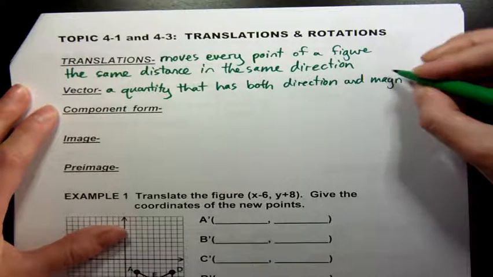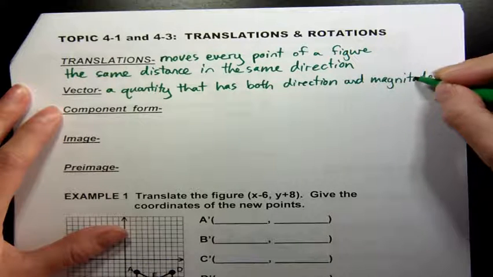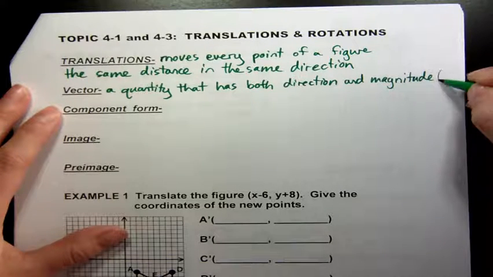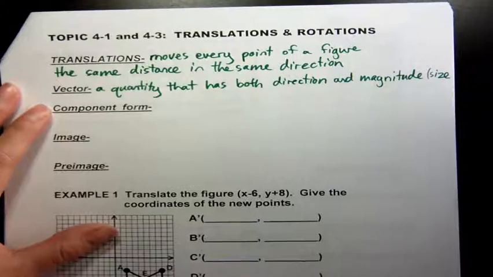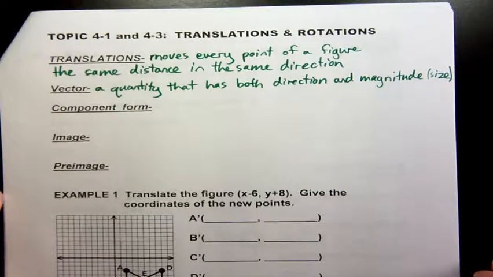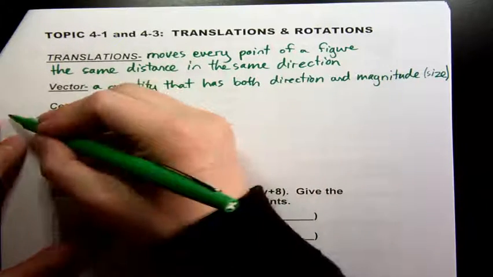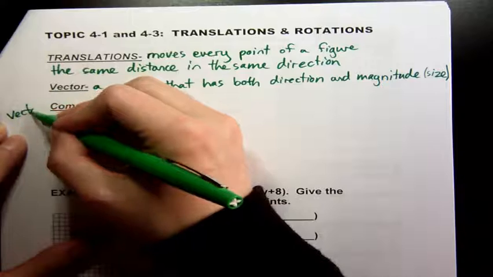You guys know the word magnitude? Magnitude just means size. So component form is also known as vector form.